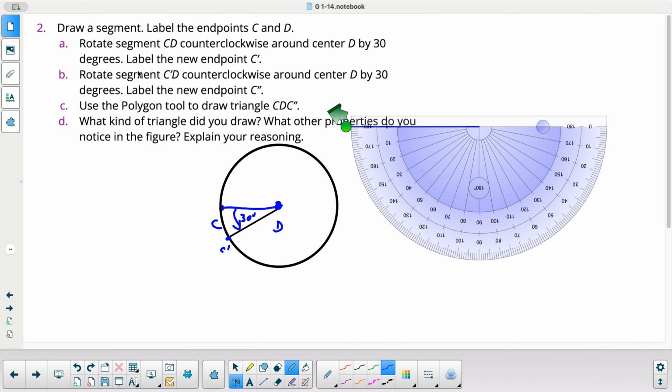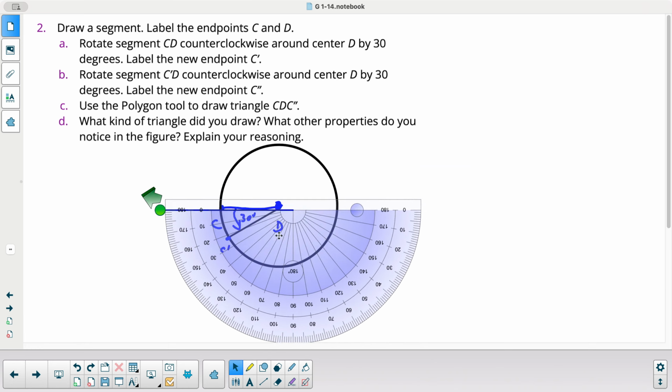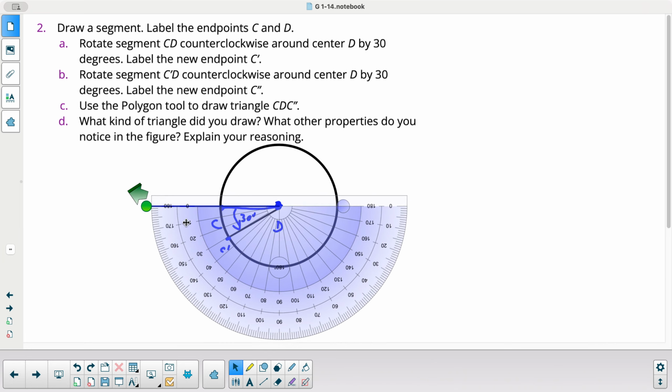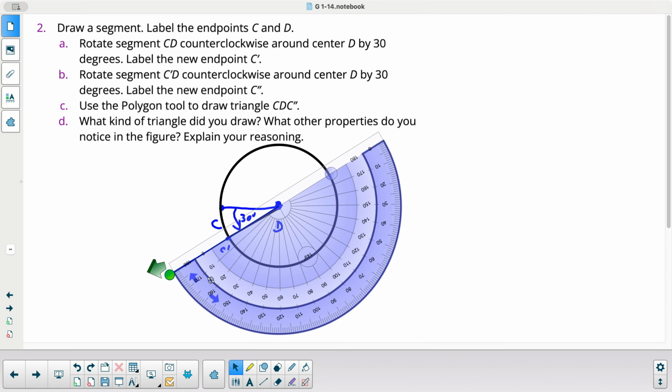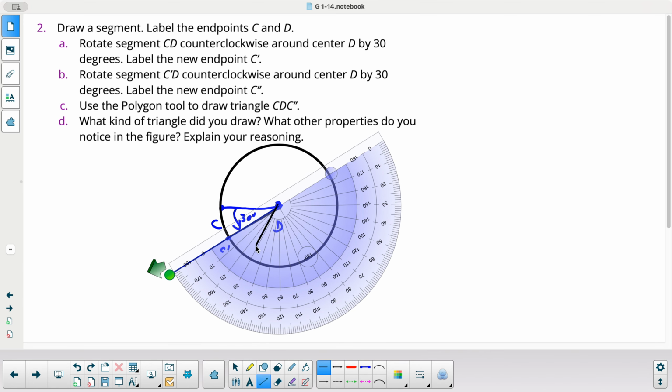Okay. Rotate segment C prime D counterclockwise, center D by 30 degrees. Okay, so let's move this back here. 30 degrees would be right there, and I keep the same length.